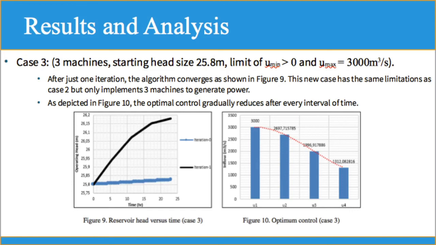So this is the scenario in which not all of our power generators are being used. If only given 3 machines and still setting the maxima at 3,000 meters cubed per second, we see that it only took one iteration to converge, and that the outflow tapers very slowly downward, starting at 3,000 and ending at 1,300.